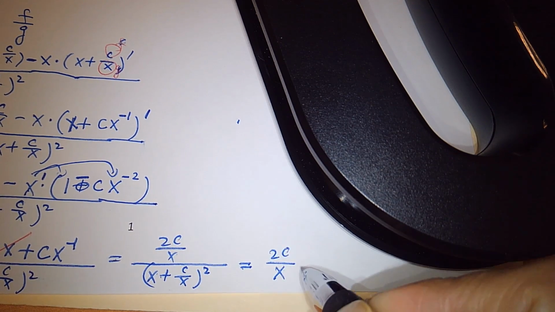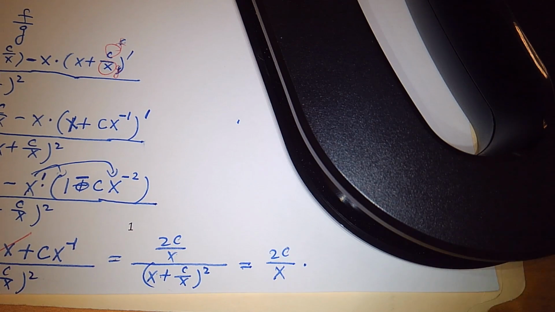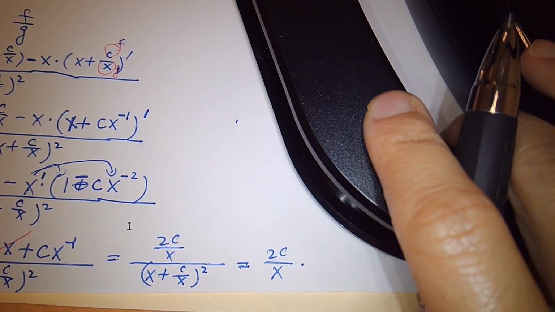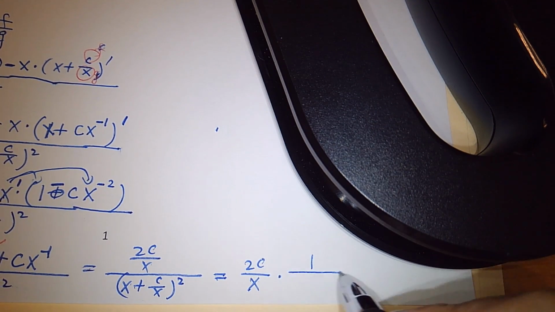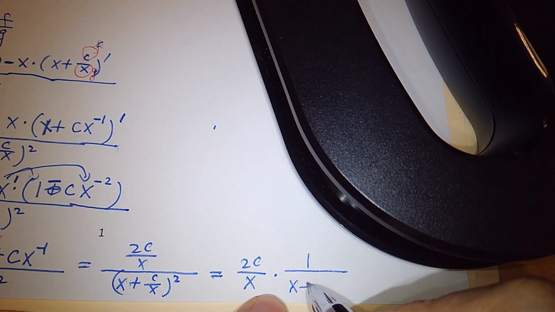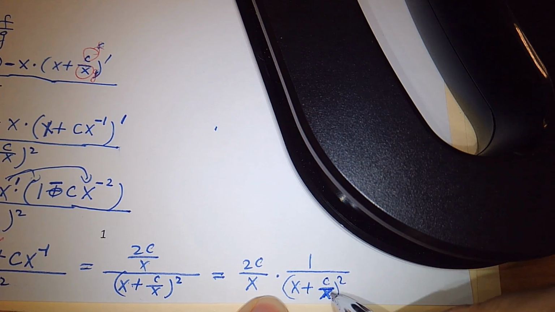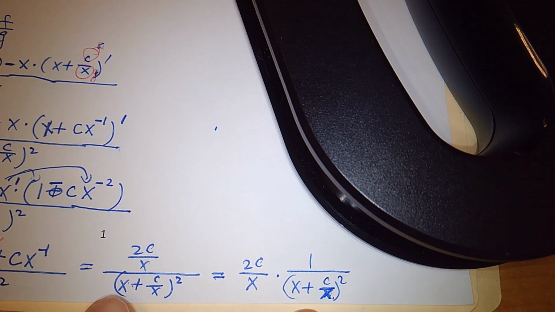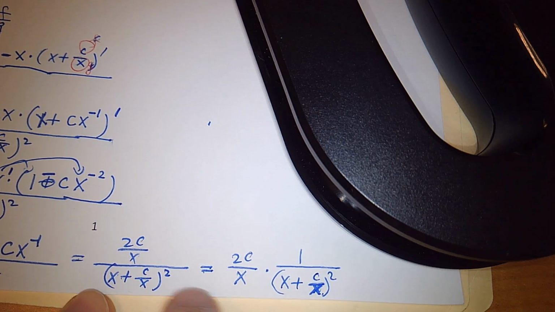2c over x divided by this, right? Divided by that. So 2c over x divided by this is simply multiplied by 1 over this, right?